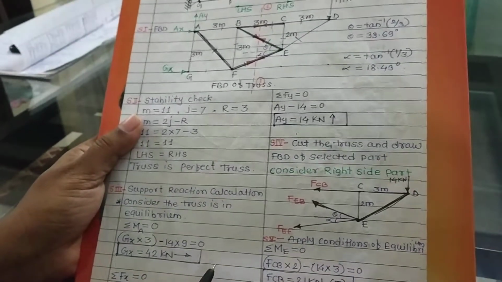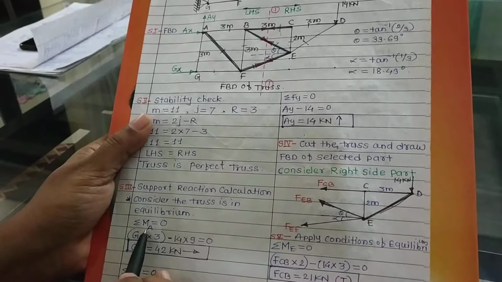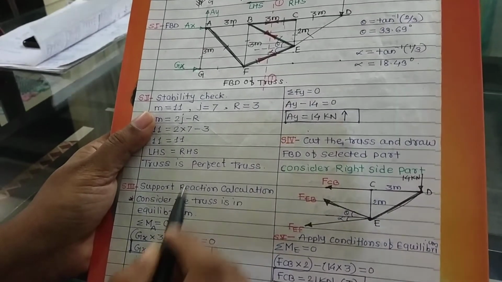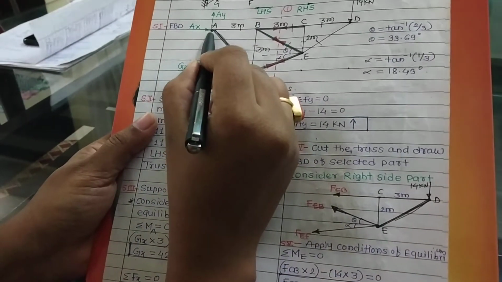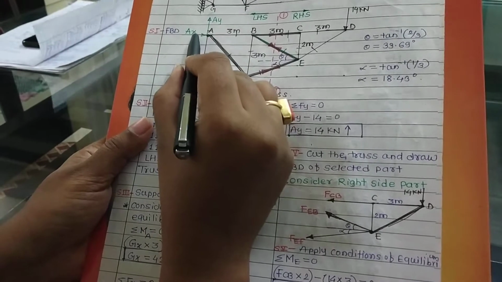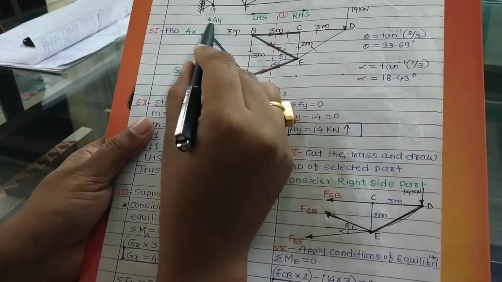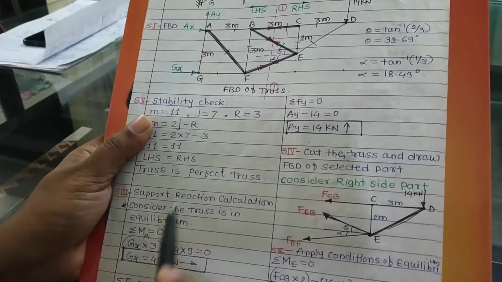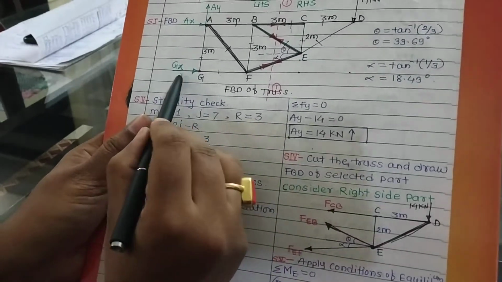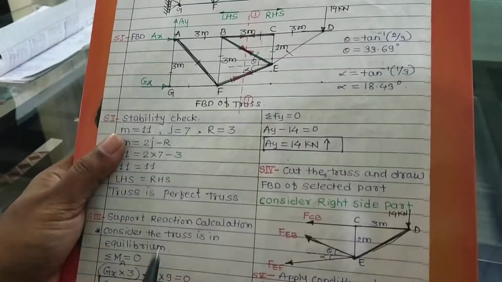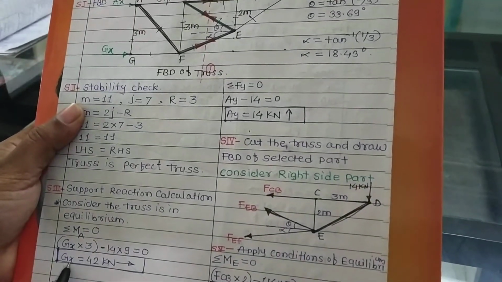We are saying summation of moment at point A is equal to 0. At point A, there are two unknowns. While taking the moment at point A, these unknown forces' moments will be 0, and you will get one unknown as Gx.